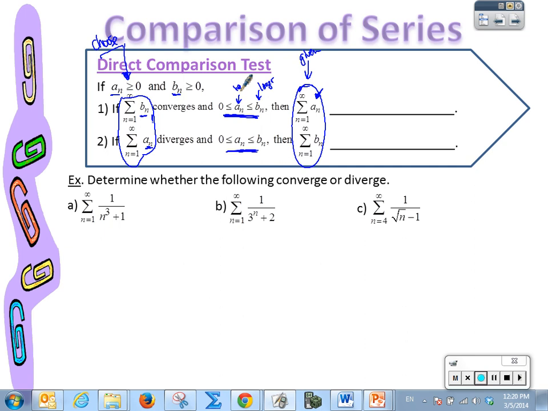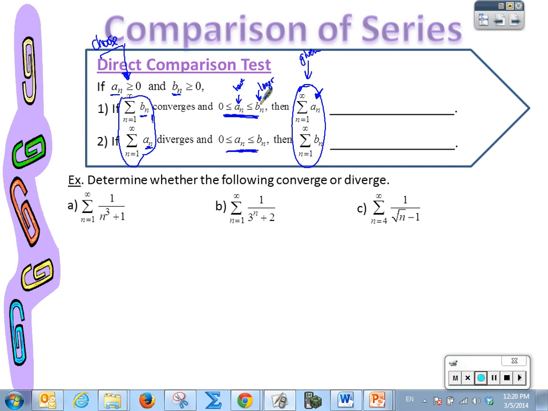This is the one that I have. Okay, so I choose a series that converges. I compare it to the series that I currently have. If the series that I choose is larger than the one that I had, then the test works, and it proves that my series converges, the one that I had.